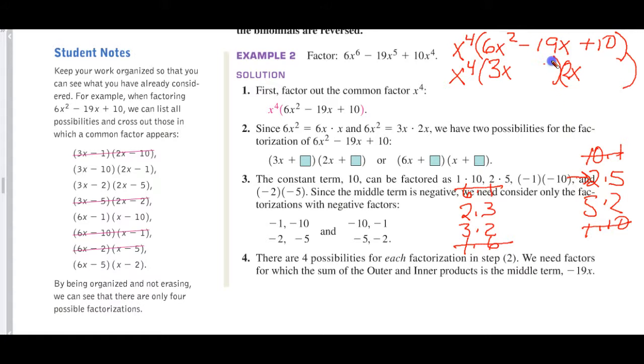I just lucked out. 2 times 5. Because here this is a 4 and this is a 15. And that adds up to 19. And if they're both negative, I get my positive 10 for the last term.